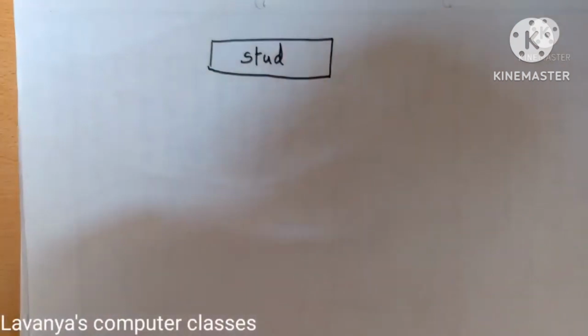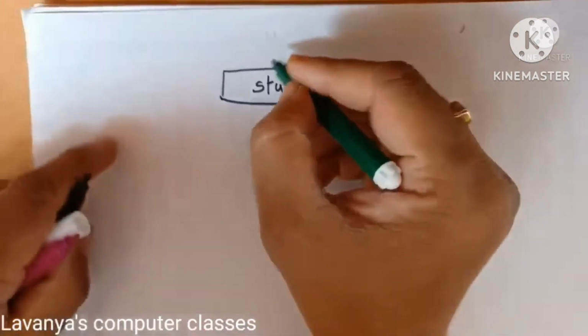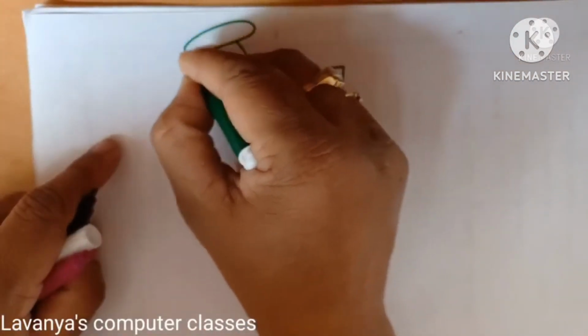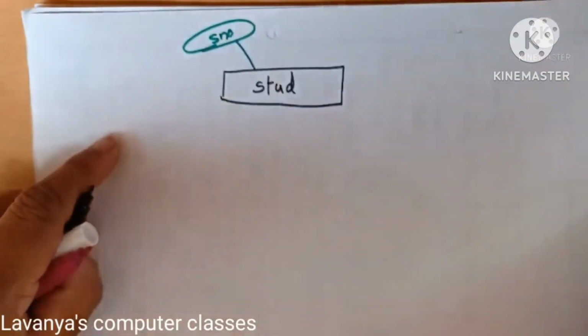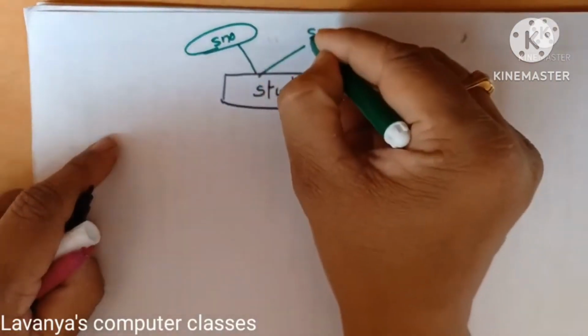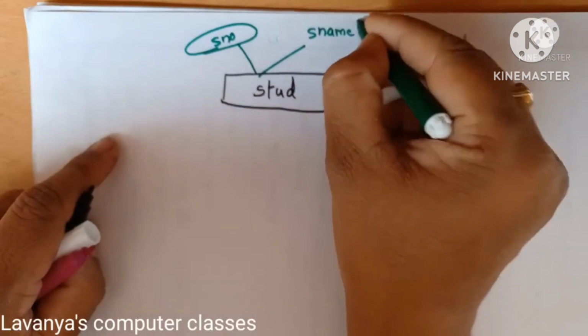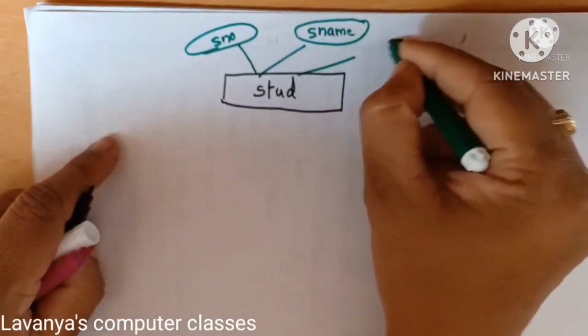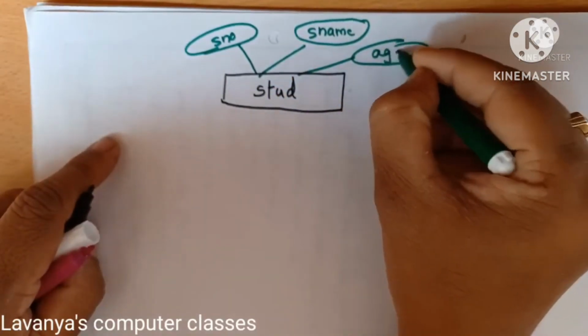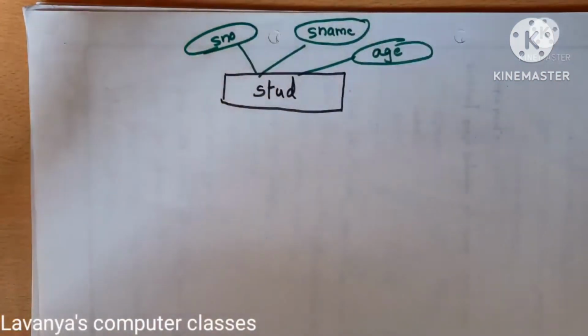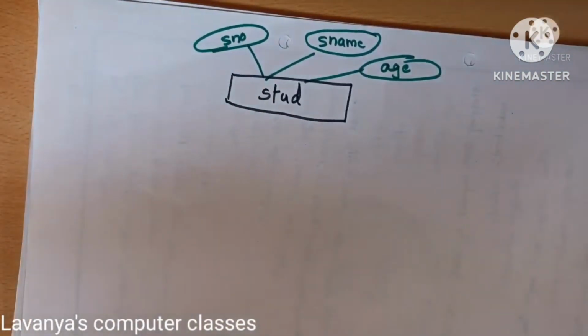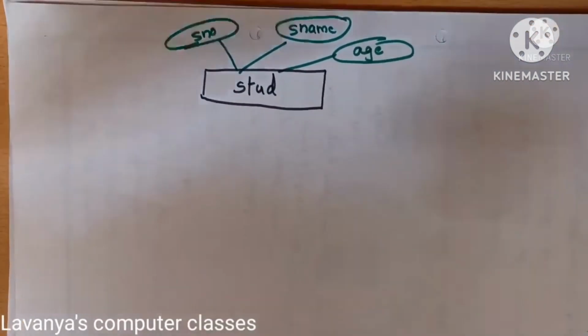In this, student with serial number. This is the attribute. I will explain the next one. Attribute and S name, some A's. So in this, which attribute is possible to uniquely identify?